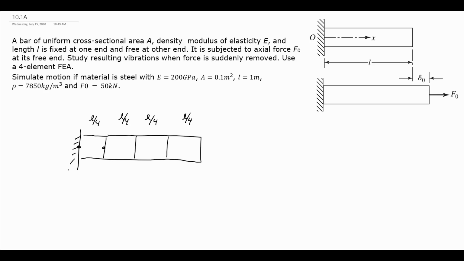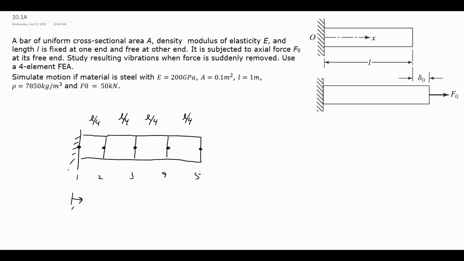And each element is going to have a node on either side, and ultimately the node is what we are trying to track. So what we're saying is, instead of finding the displacement at all points along the beam, we're only going to be able to find it along these nodes, which I'm going to number as 1, 2, 3, 4, and 5.